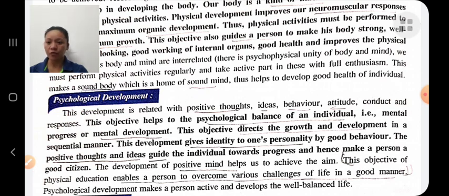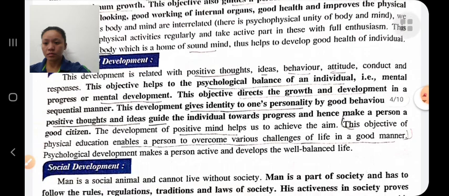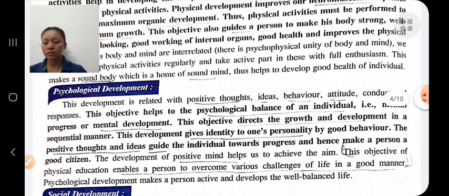Psychological development gives one personality through behavior. Okay, this is psychological development. These objectives help to bring a better personality. It enables the person to overcome various challenges of life in a good manner.